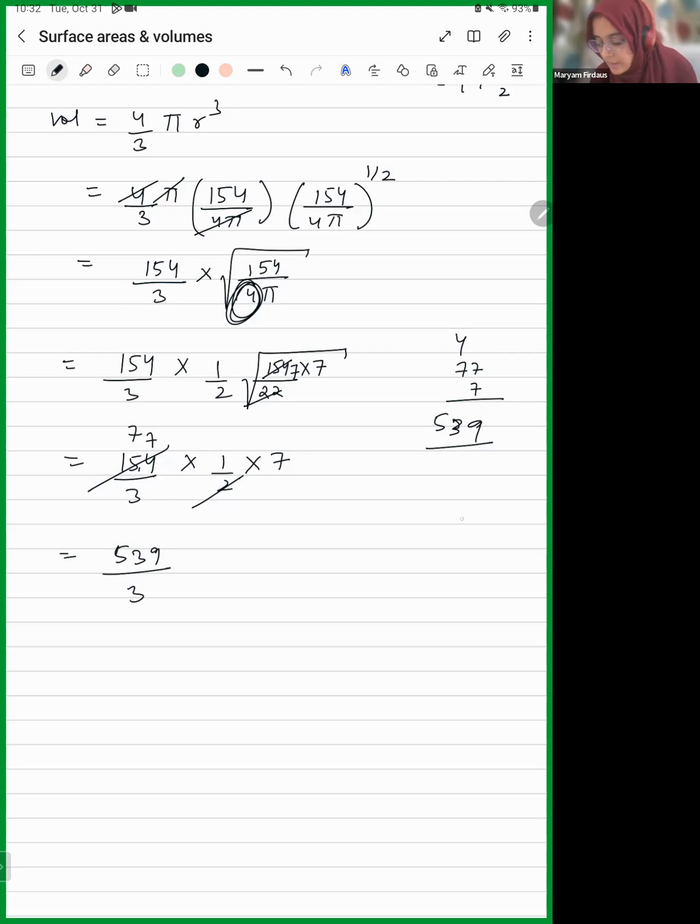539 by 3. Can someone please calculate this quickly and tell me what 539 by 3 is equal to when it comes to decimals?